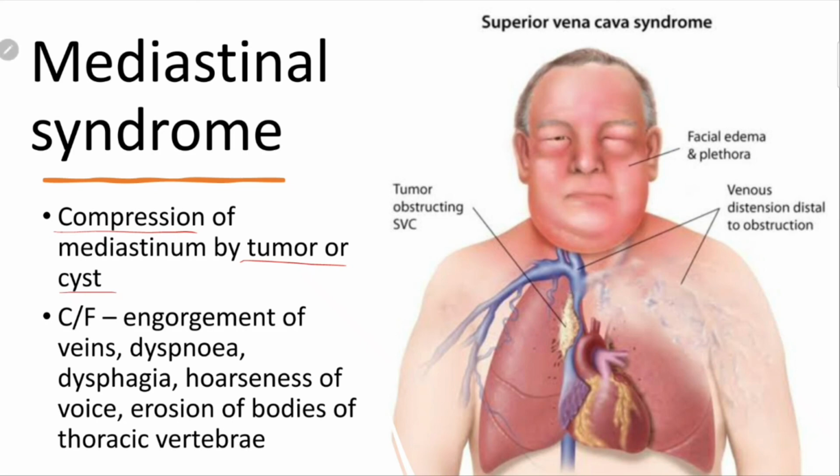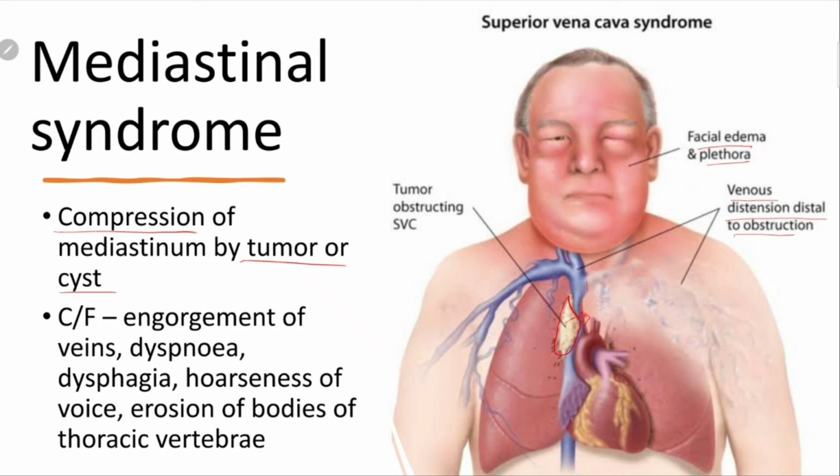So in this diagram, you can see this tumor. Let's say it is bronchogenic carcinoma. So there is this tumor which compresses the SVC, obstructs the SVC. There is engorgement of the veins leading to facial edema and plethora, and venous distension distal to the obstruction.